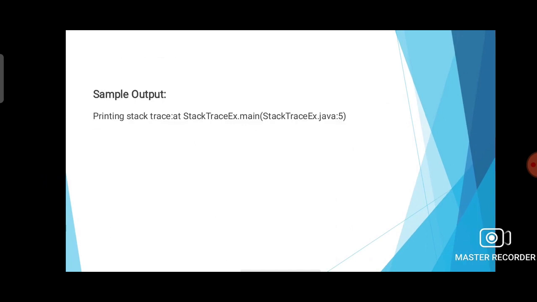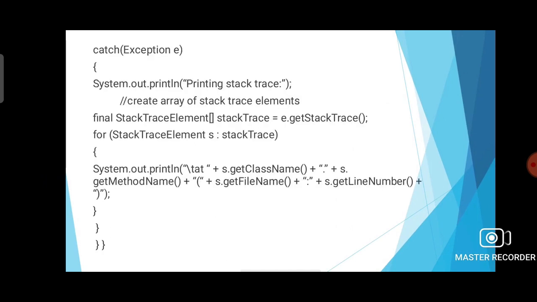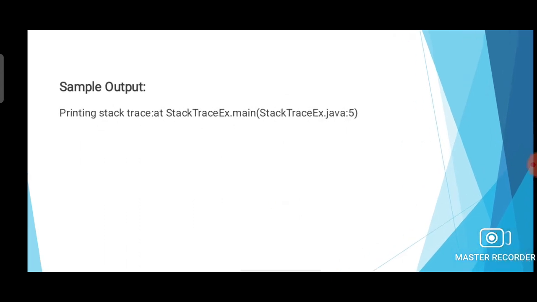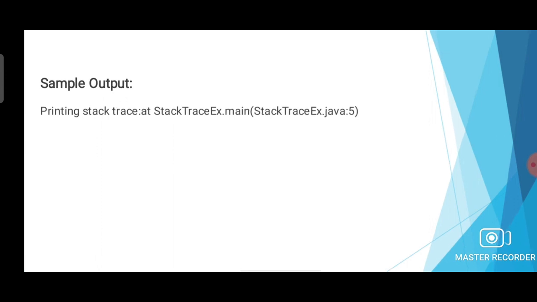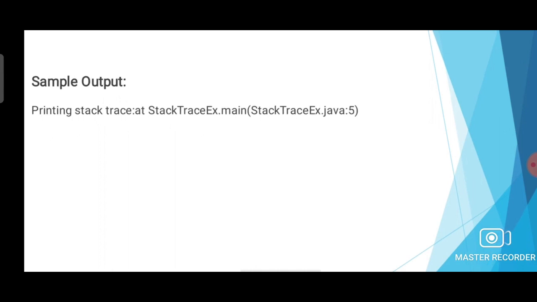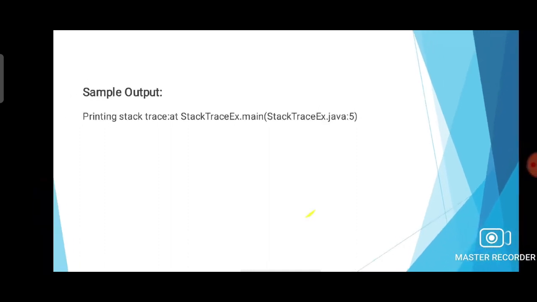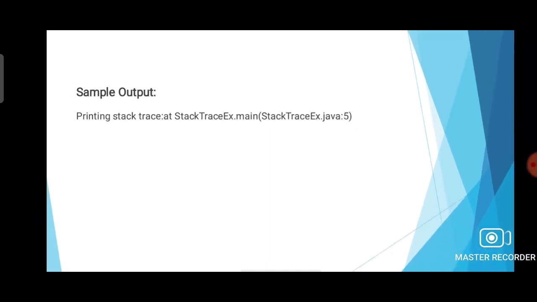Then we are printing main, which is the method name; under the main method the exception has arisen. Then the file name is the file under which the exception arose, that is StackTraceEx.java. Then the source code line number on which the exception occurs was line number 5. So all these details will be printed.